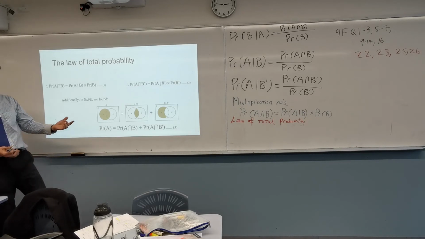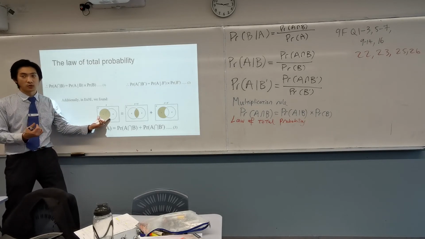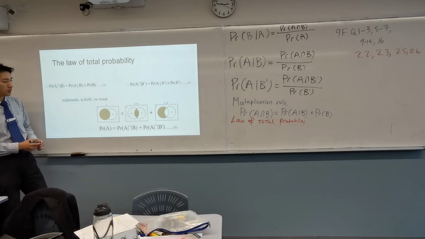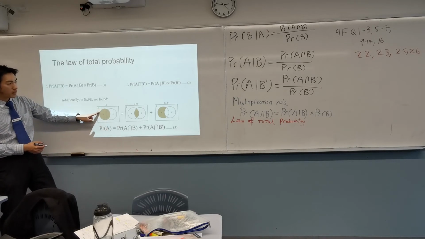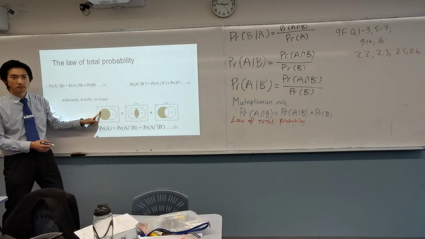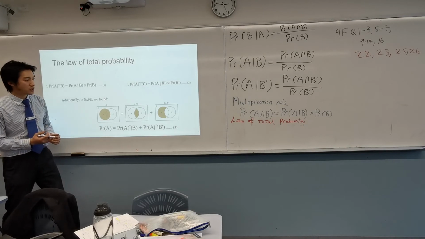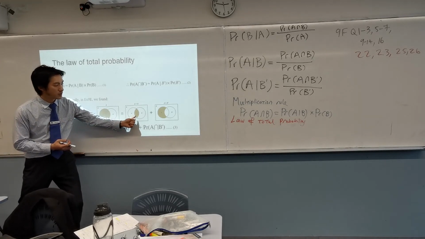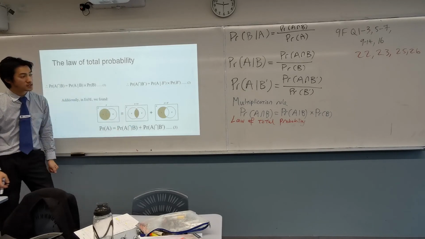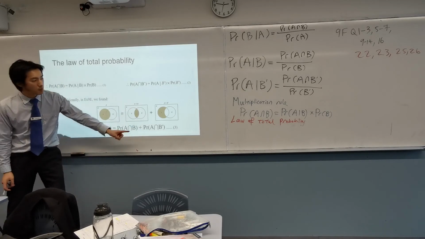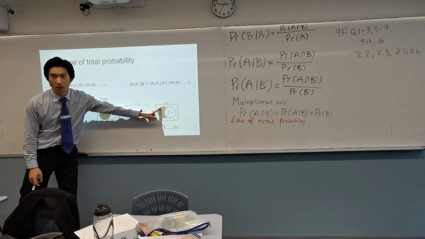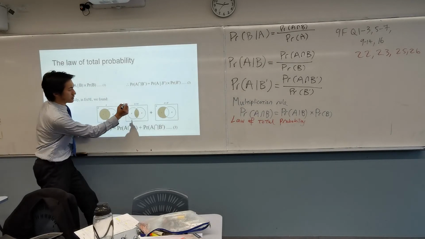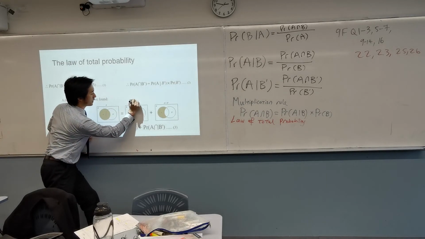Next, we're going to notice this little fact. The probability of getting an event A must be the combination of two parts. The part that's also in intersection with B, and the part that's just by itself. Notice the way I've written it. So I'll rewrite it up here.